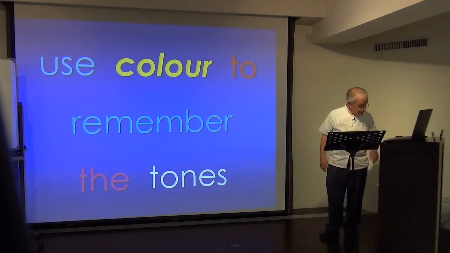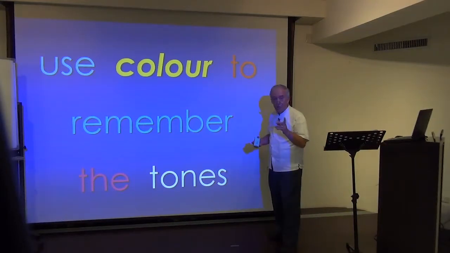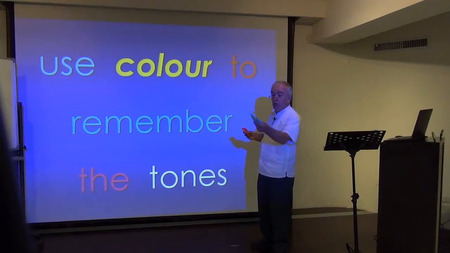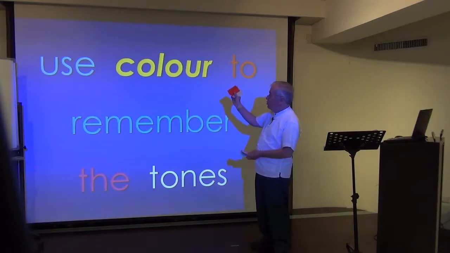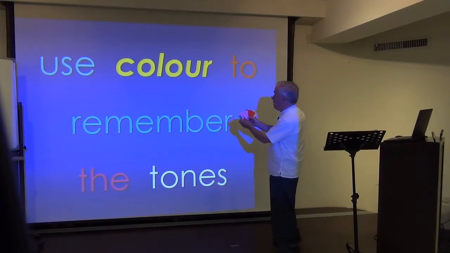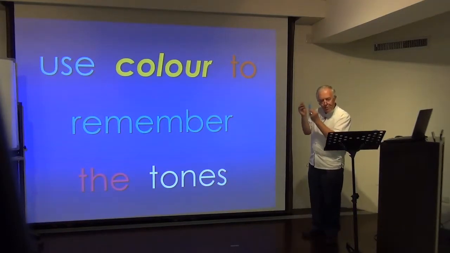And along with this, we can help our students remember the tones by using colour. So for instance, all tone 1 syllables you can write on one colour card. All tone 2 syllables write on another. All tone 3 syllables on another card. And all tone 4 syllables on another. You see, this is using the right side of the brain.